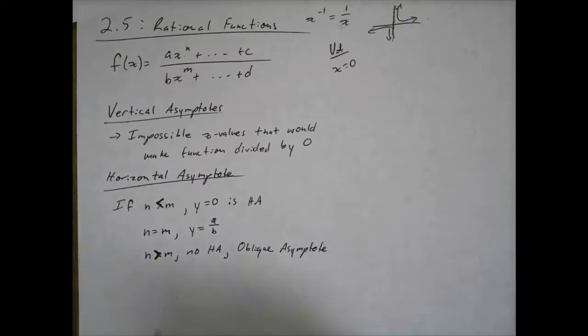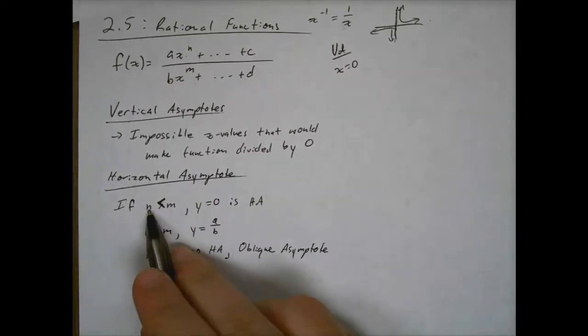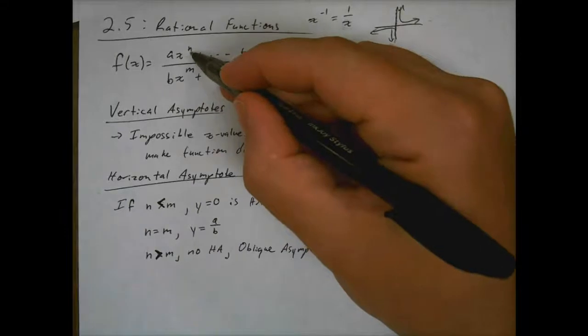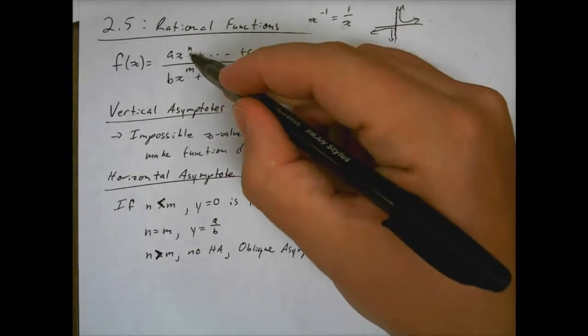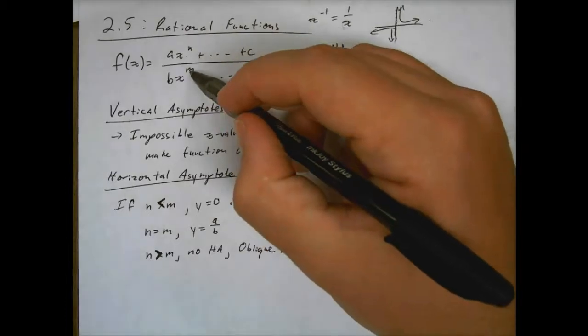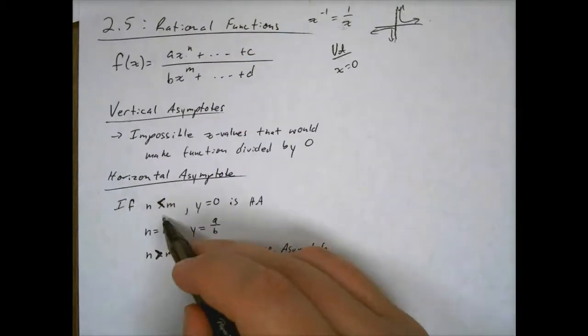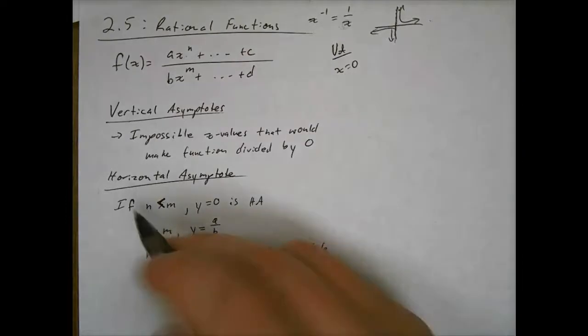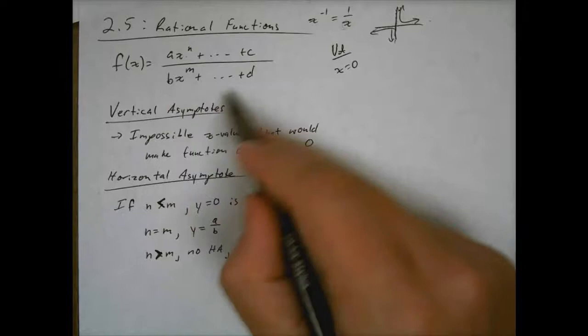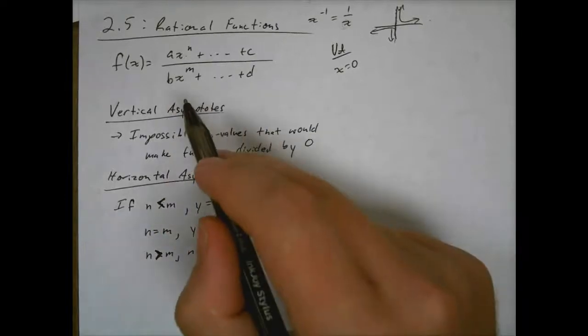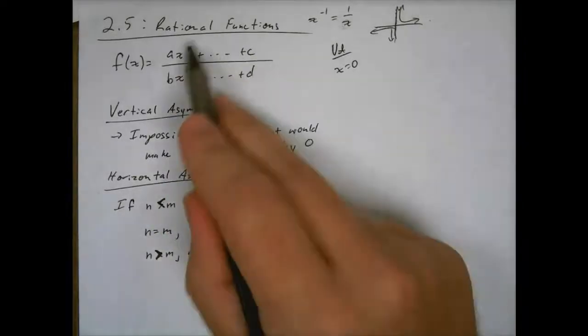Our horizontal asymptote has some rules applied to it. We'll get more into these as we go through some problems. If the numerator, so essentially what we're looking at here is the exponents. If x to the n is less than x to the m, where n is less than m, this is called bottom heavy. The exponents in our denominator are higher than the exponents in the numerator.